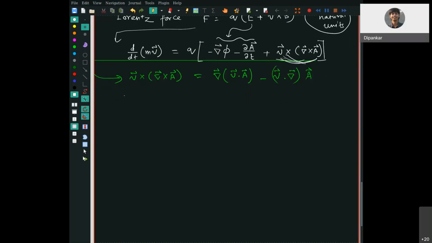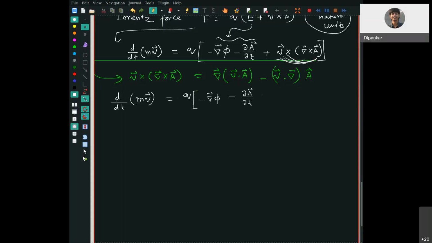Now you have your equation of motion as d dt of mv equals q times minus grad phi minus del A del t.